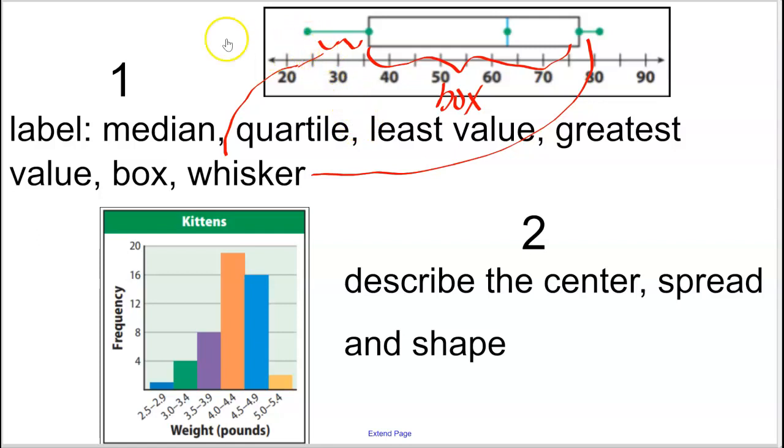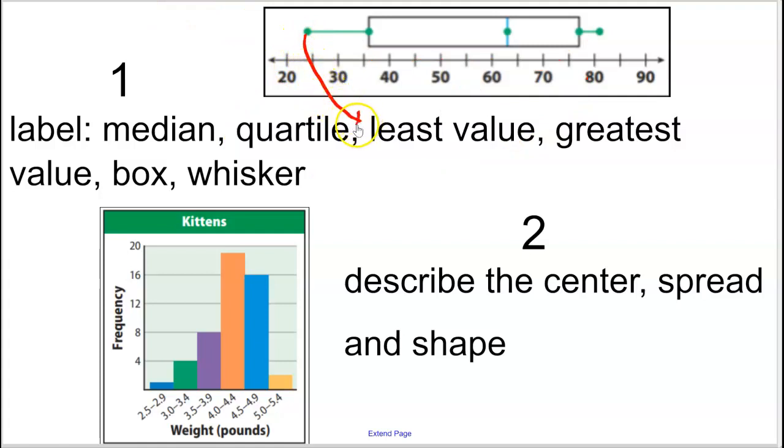Let me erase that and put this is the least value. And the greatest value would be this one over here. Here's 80, 90, 85, so this is about 81. If they ask you for the greatest value, that's what you would tell them.